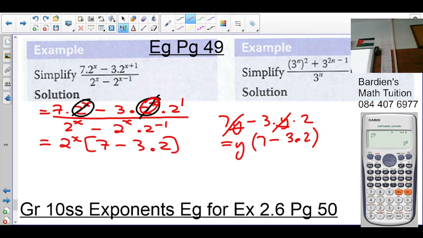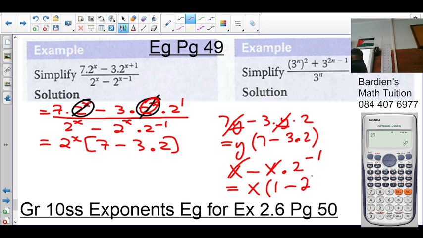If you have x minus x times 2 to the minus 1, what is common here? X. But take x out, what am I left with? 1 minus 2 to the negative 1. You understand that?